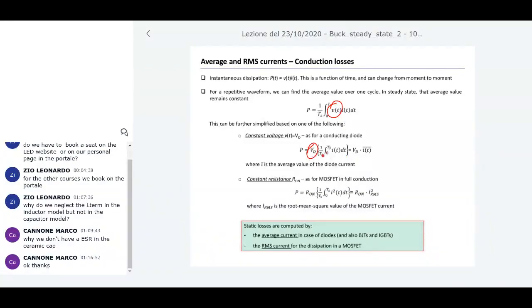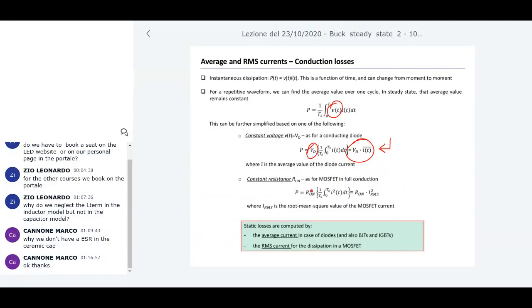Then we have Vd constant, and 1 over Ts times the integral, which is the average value of the current flowing through these devices. So the power dissipated when they are on is Vd times the average value of the current flowing through them. The conduction loss for diodes, bipolar transistors and IGBTs can always be defined in this way: the constant voltage, which can be V gamma for the diode, VCE saturation, etc. for the other devices, multiplied by the average current flowing through them.